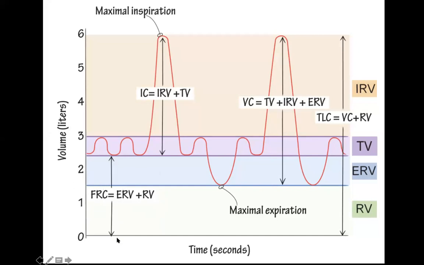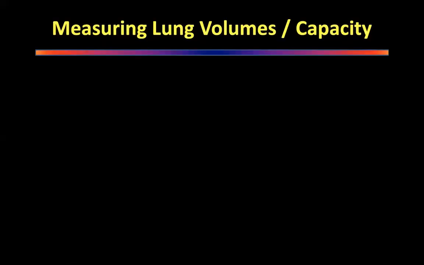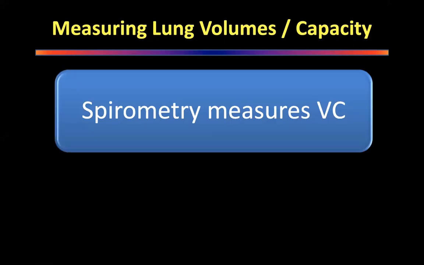So four capacities: this is functional residual capacity, this is inspiratory capacity, this is vital capacity, and this is total lung capacity. So four capacities and four volumes. It's very, very important to understand this. This really matters when you are trying to differentiate between the various diseases. Now the question is, we have understood the graph, but how do you measure it?